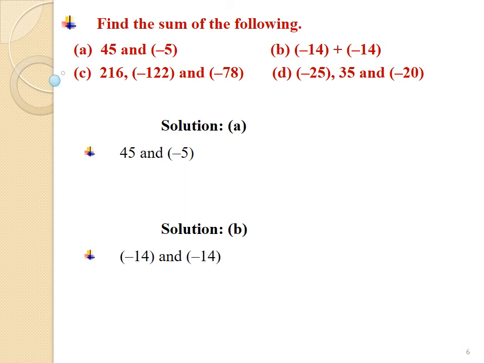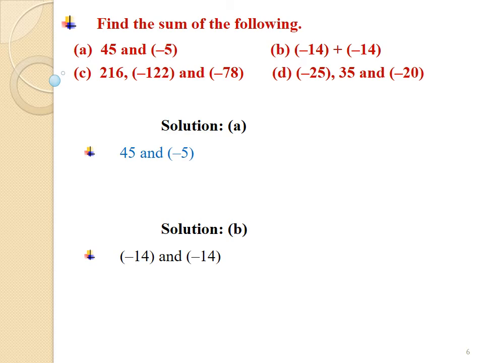Sum A: 45 and -5. Students, in this question, we have to find the sum of 45 and -5. We know that 45 is a positive integer and -5 is a negative integer. Thus, both of these integers have different signs.